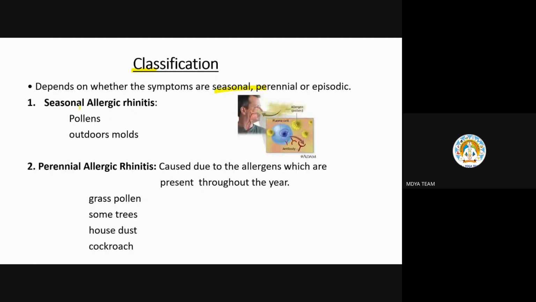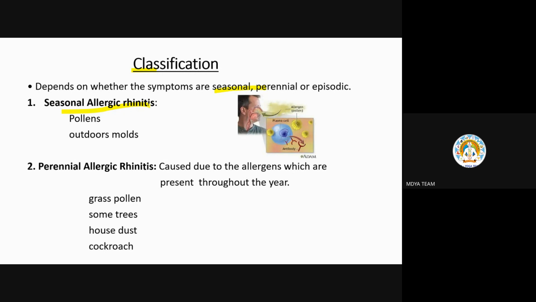We'll see how. Seasonal allergic rhinitis happens in seasons. Some people are allergic to some particles in winter, some in the rainy season, some in summer. Likewise, in different seasons people are allergic to different allergens.